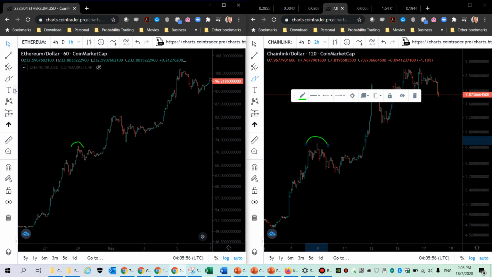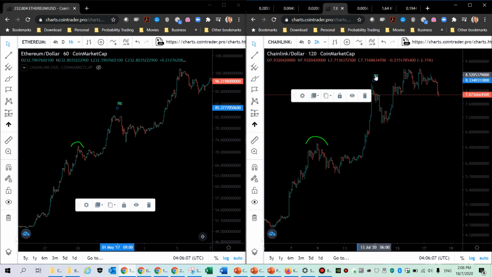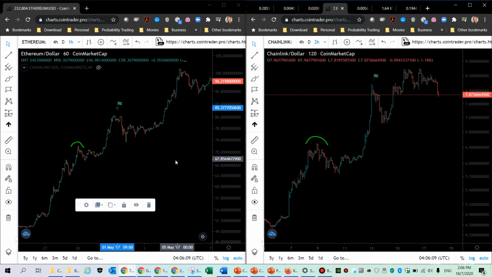Let's use a different marker, a flag. It comes back up over here, and for me, that's where the flag is. It looks slightly different, but that's okay. It's a fractal pattern, so it's not supposed to be exactly the same.